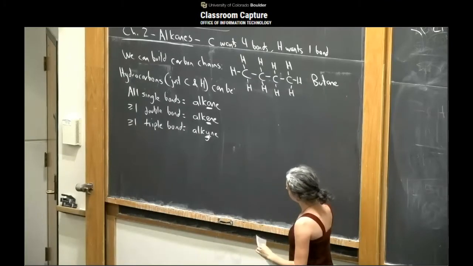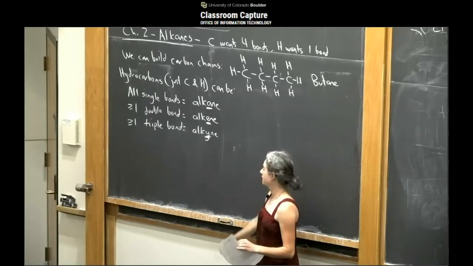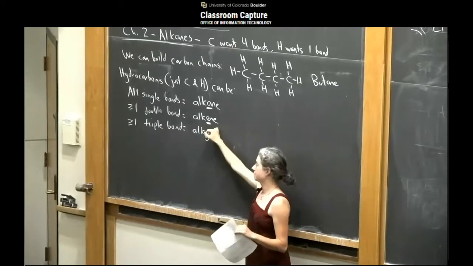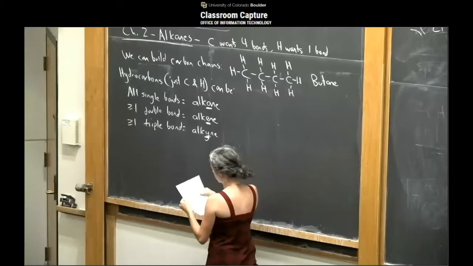So it turns out these three groups all react very differently from each other in sort of characteristic ways. So we're doing alkanes now. We're going to be doing alkenes a few chapters from now, and then alkynes you'll get to in OChem 2. Okay.